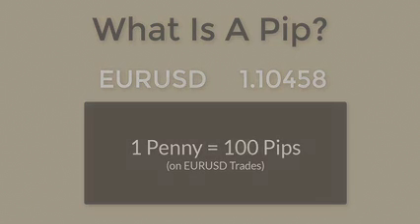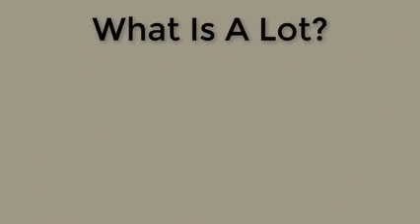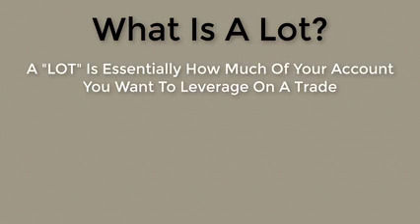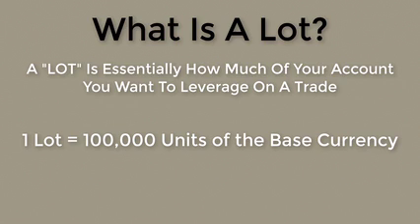All right, next definition that we need to be aware of is, what is a lot? A lot is what we essentially trade. This is the easiest way to understand what a lot is. It's essentially how much of your account you want to leverage on a trade. Let me say that one more time. The lot is essentially how much of your account you want to leverage on a trade. So a standard one lot trade equals 100,000 units of the base currency.